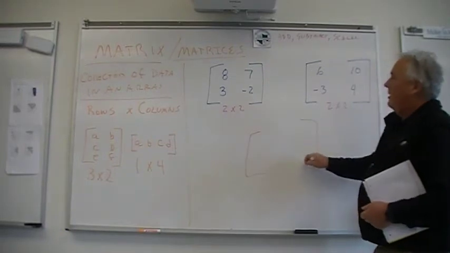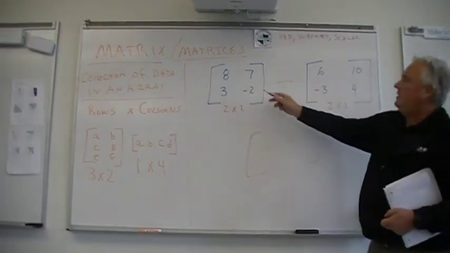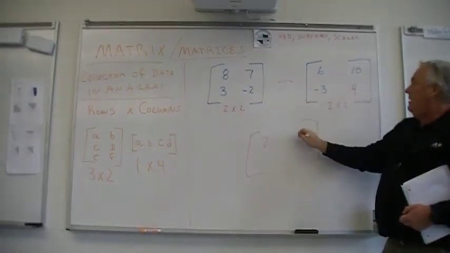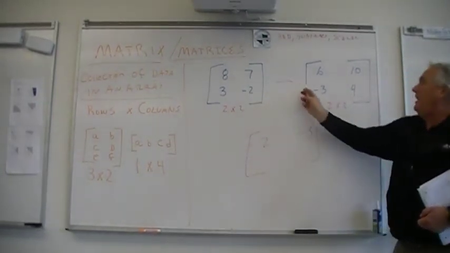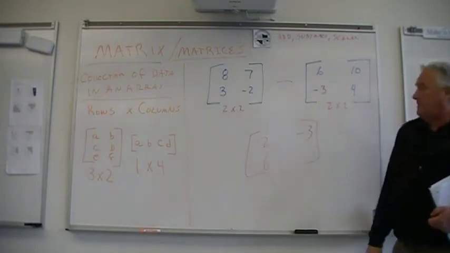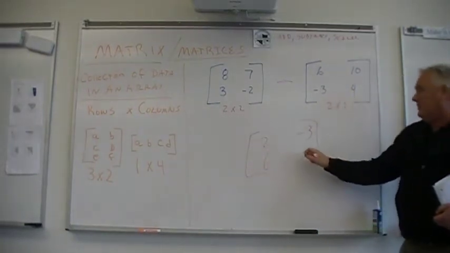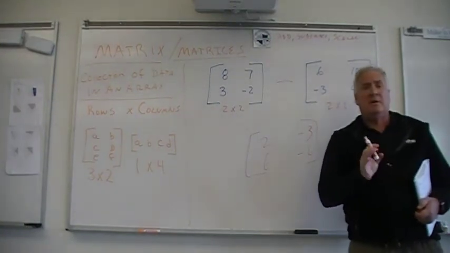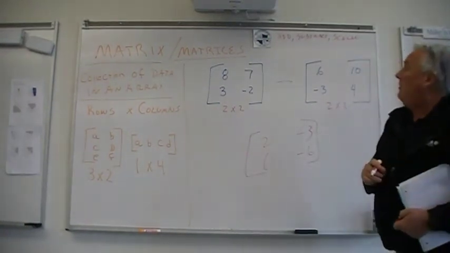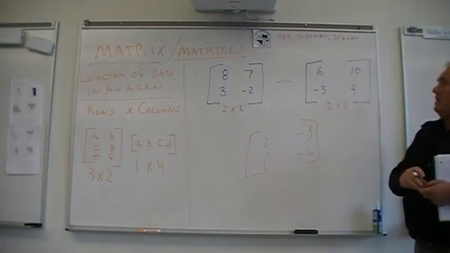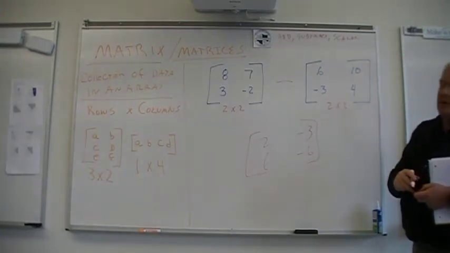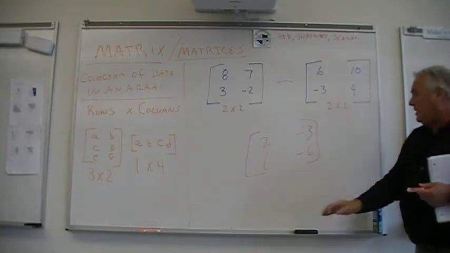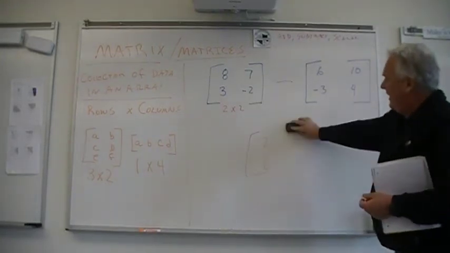So, if it was a subtraction, 8 minus 6, 7 minus 10, 3 minus -3 gives us +6, -2 minus 4, -6. So add and subtract ones are pretty easy. You'll have one like that on any quiz, midterm, final, things like that, to be able to add and subtract them that way.